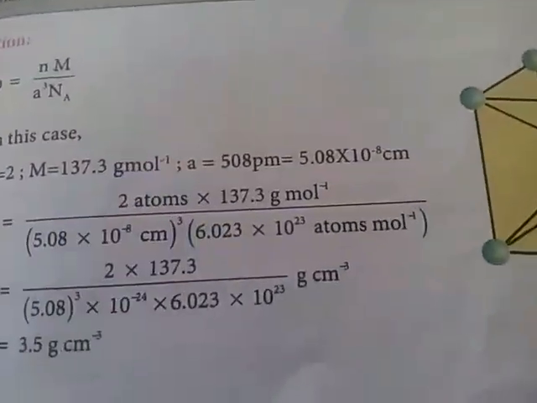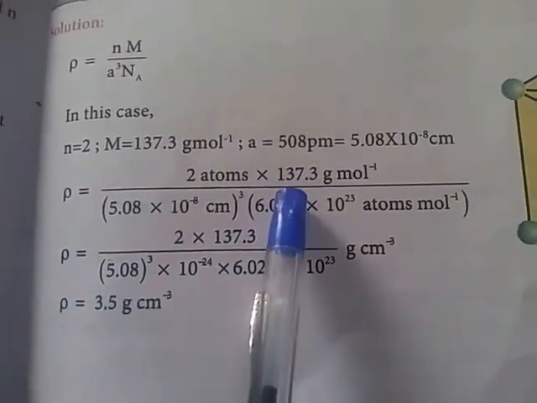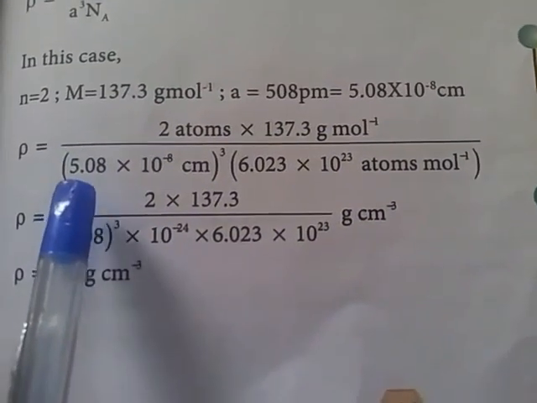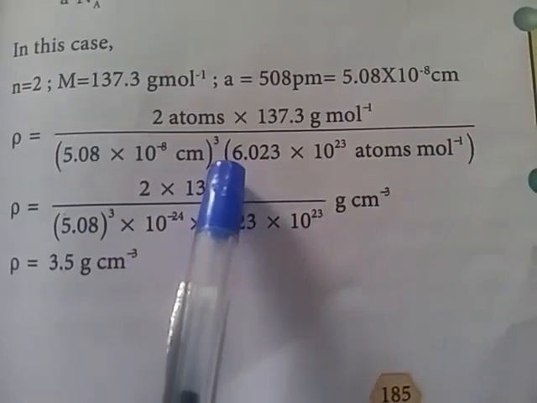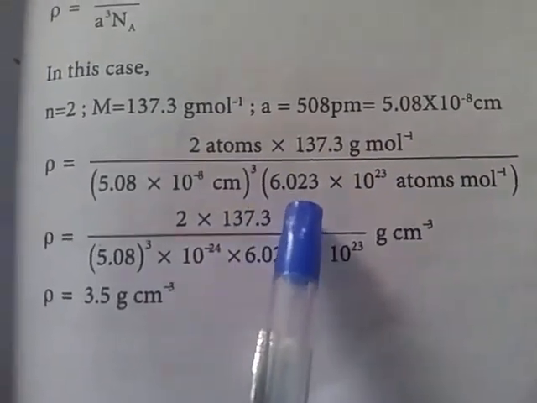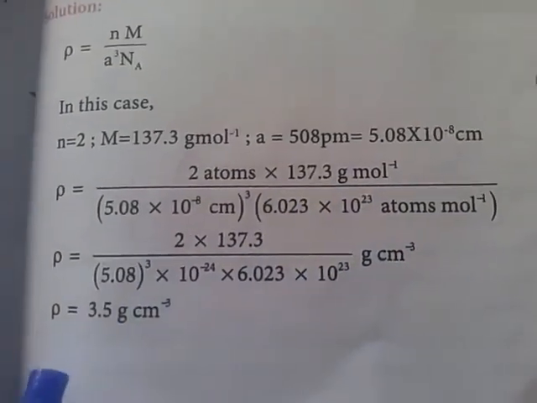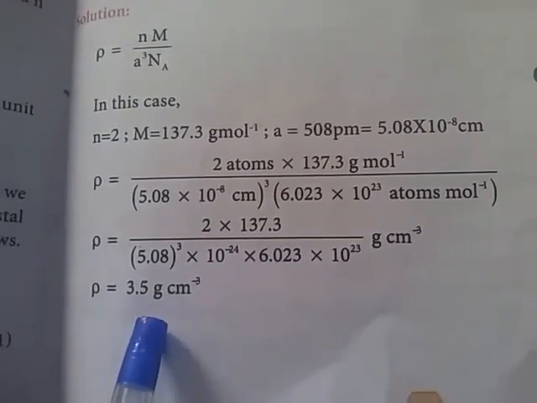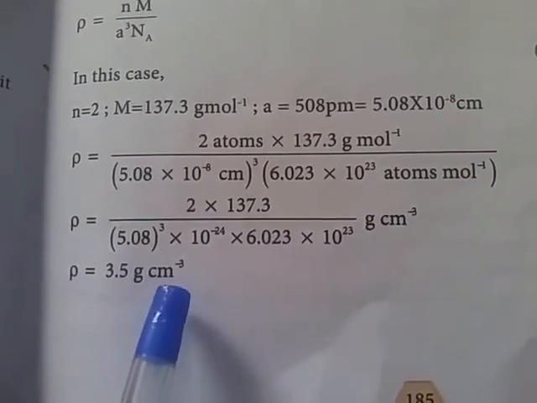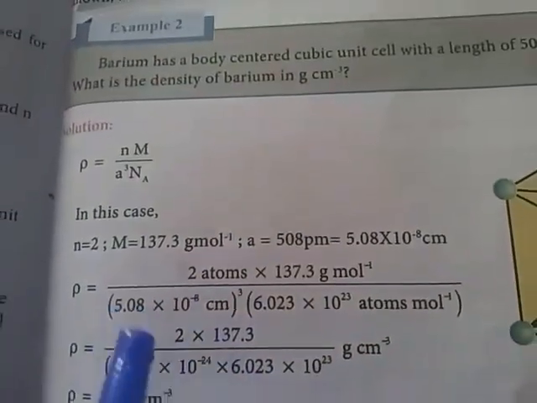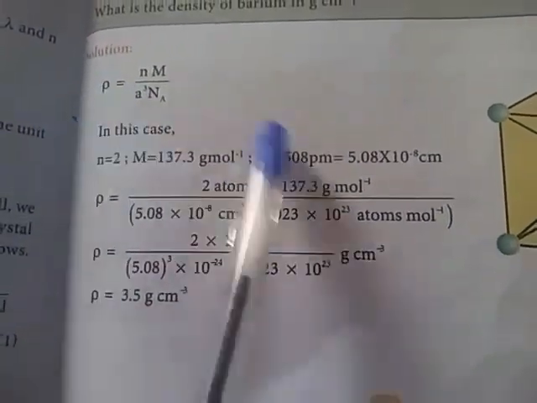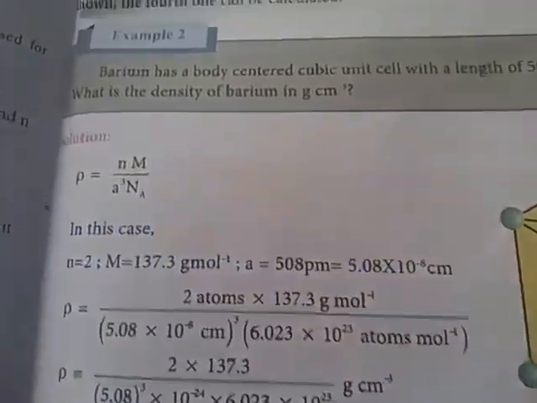Now calculate these values: rho equals 2 into 137.3 divided by 5.08 into 10 power minus 8 cubed, into the Avogadro number 6.023 into 10 power 23, and the value calculated is 3.5 gram centimeter power minus 3. So the density is calculated using the formula rho equals n M by a cube into Na.